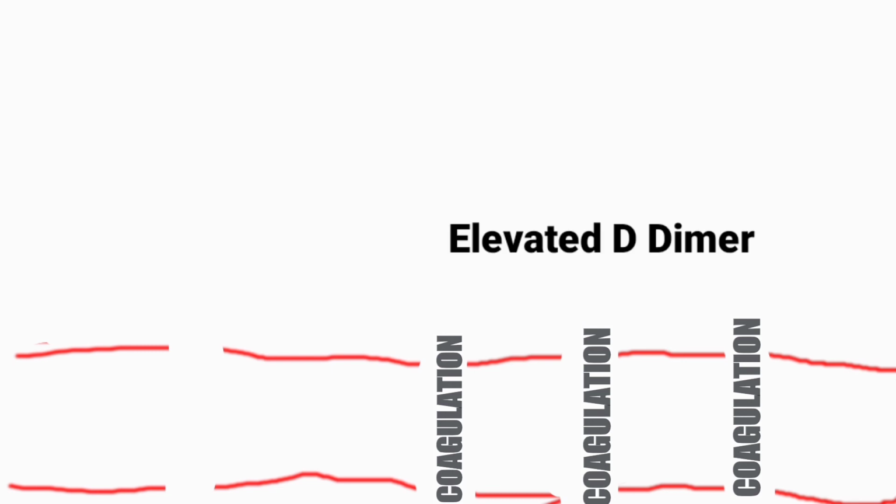Why? Because you know that D-dimer is obtained after a damaged portion has recovered, and after breaking down that clot, you get a D-dimer, right? Another thing is that internal bleeding is also found in COVID-19 patients, and that is because, as you can see, there is a lot of clotting happening in those patients, and because of that, the patient might run short of some proteins, clotting factors, and some enzymes, right?